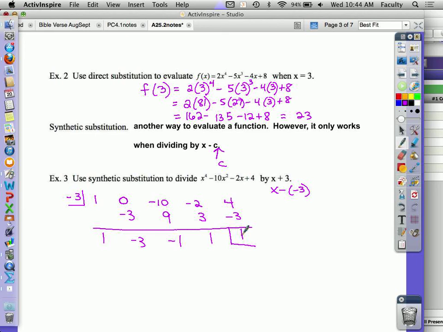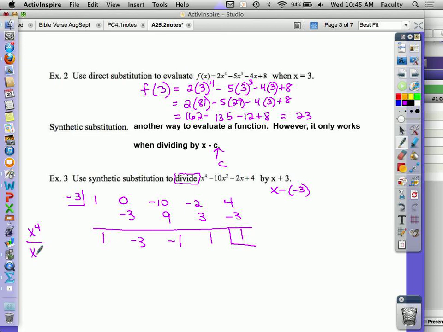Now, we're going to do the division, and then we're going to use synthetic substitution to evaluate, okay? We're going to do two things here. Right now, we're asked to divide the polynomials. So I've really taken an x to the fourth divided by an x to the first.